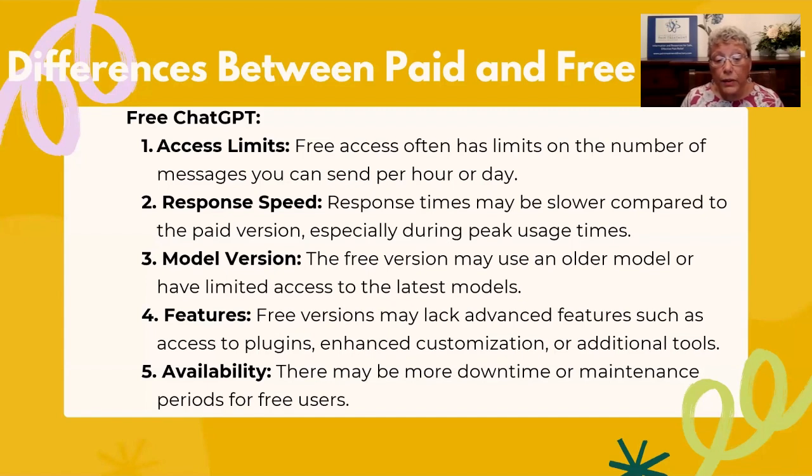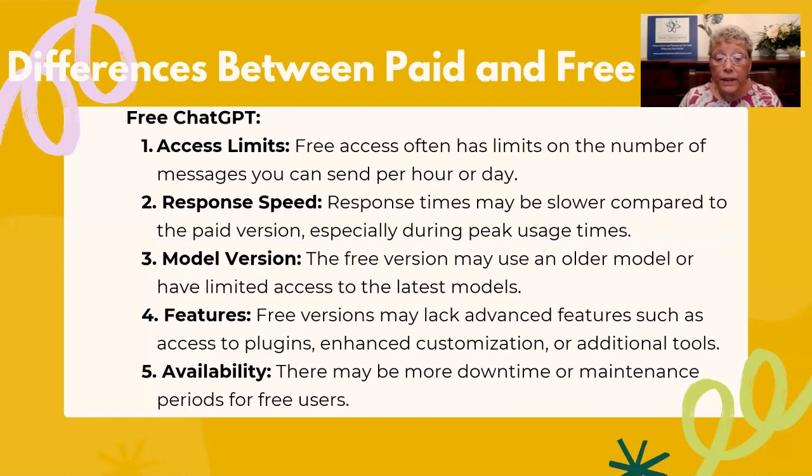The other thing about free is that the free version is usually older. I guess with AI, they keep adding information to it. So when I first went on ChatGPT, it was only current to a certain date. So if you wanted newer information beyond that date, you couldn't get it through ChatGPT.